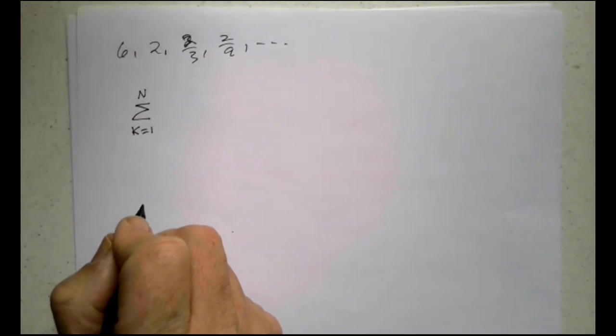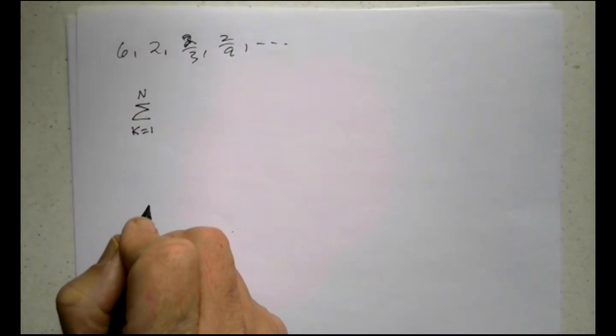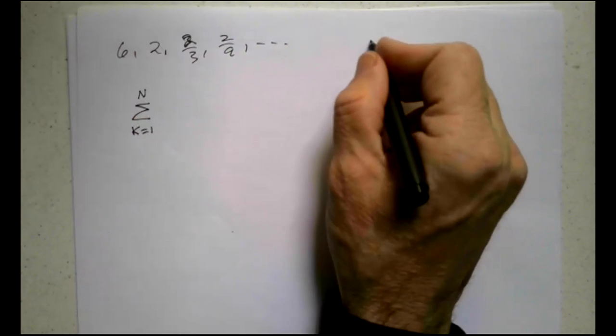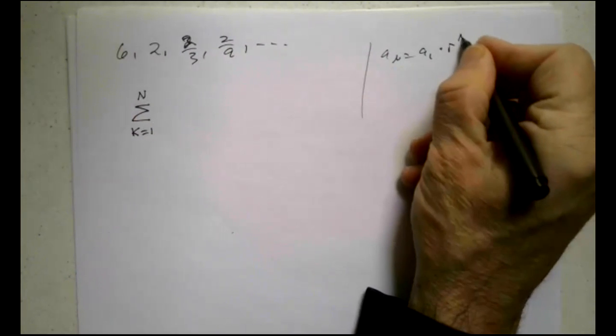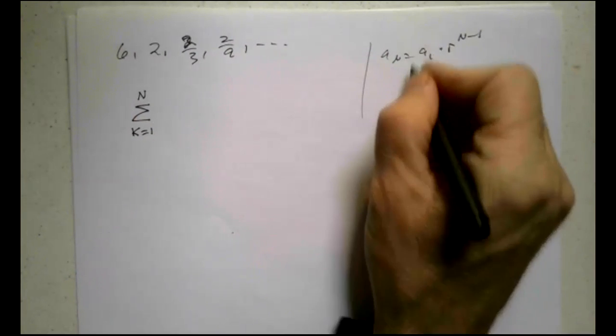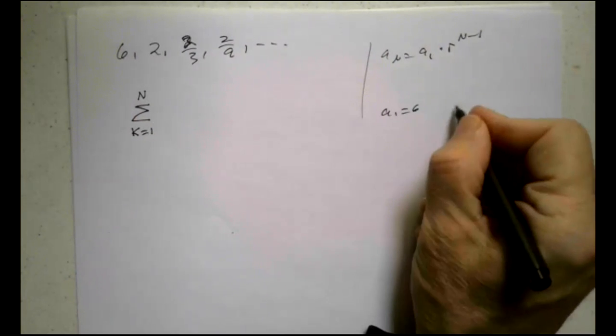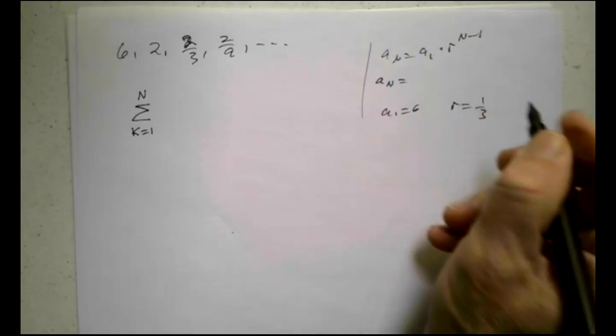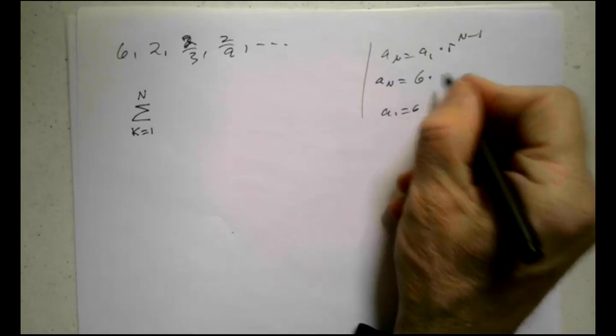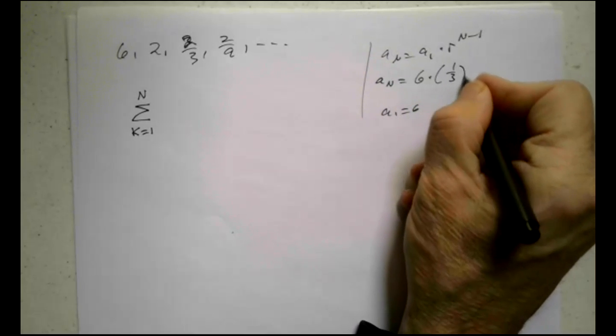And we said a sub n is a sub 1 times r to the n minus 1. We know here that a sub 1 is 6 and the common ratio is 1/3. So a sub n would be 6 times 1/3 to the n minus 1.